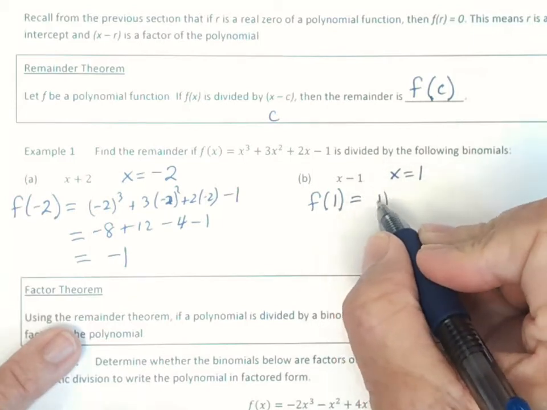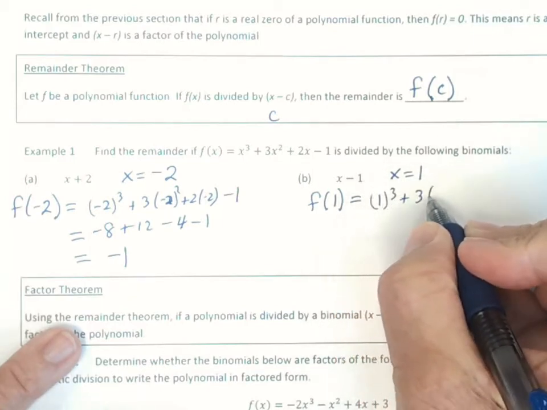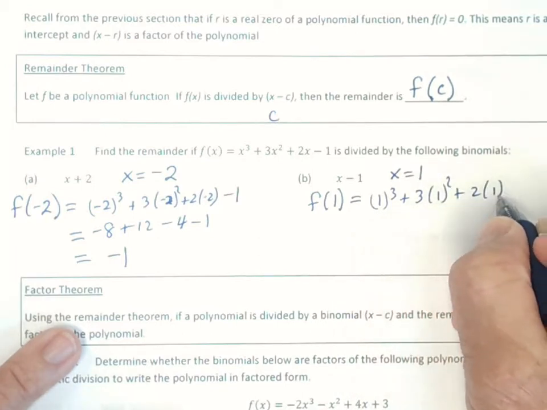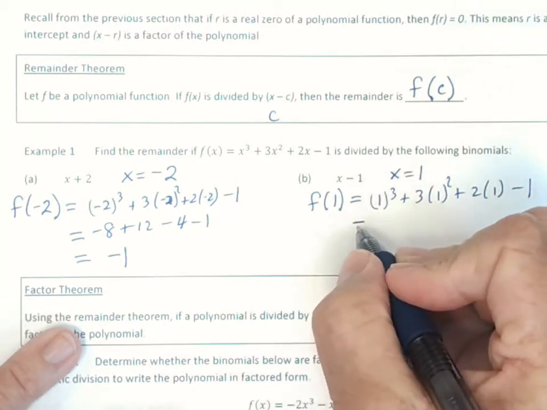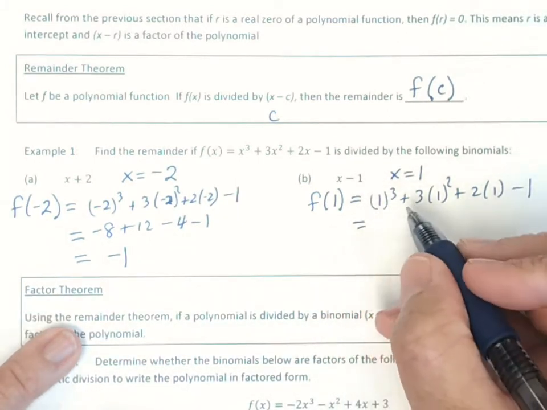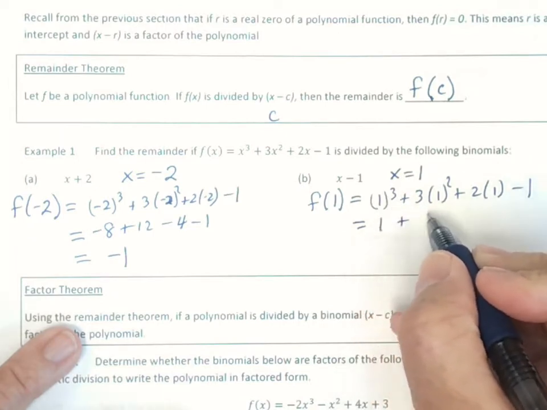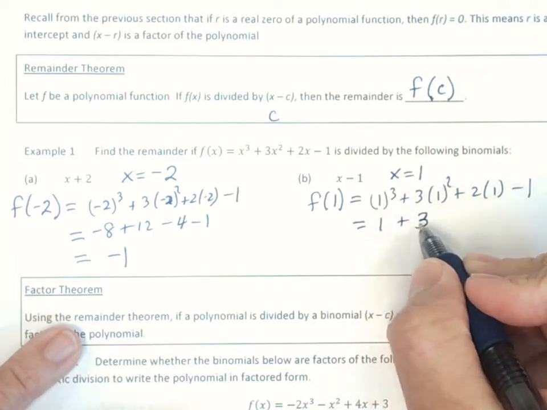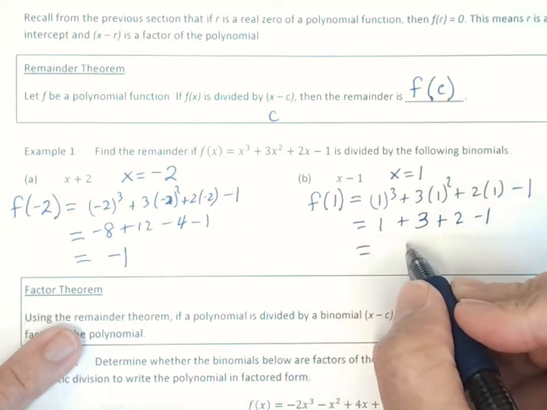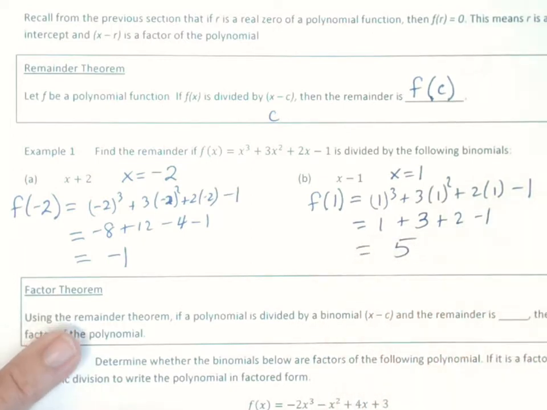So I'm going to get 1 cubed plus 3 times 1 squared plus 2 times 1 minus 1. And hopefully you're like me, you like seeing lots of ones. It's easy to work. So 1 to the third is 1 plus 1 squared times 3 plus 1 times 2 minus 1. And this gives us a value of 5.